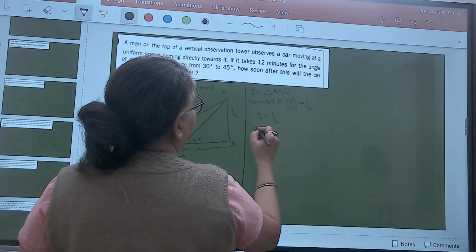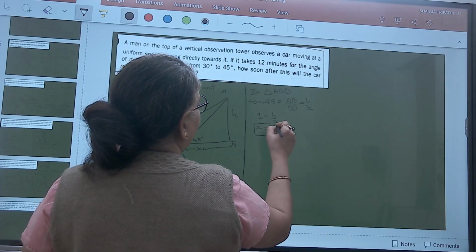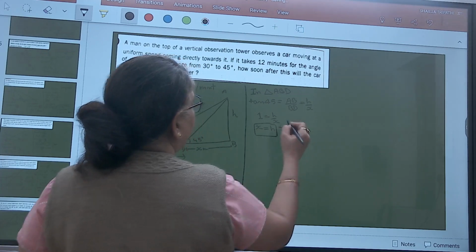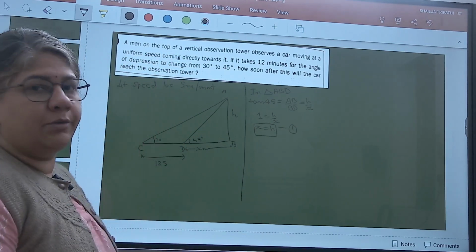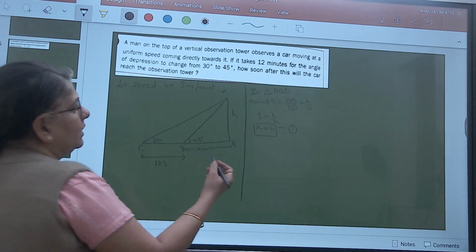So we get x is equal to h from this relationship. We'll solve further. Now take triangle ABC.